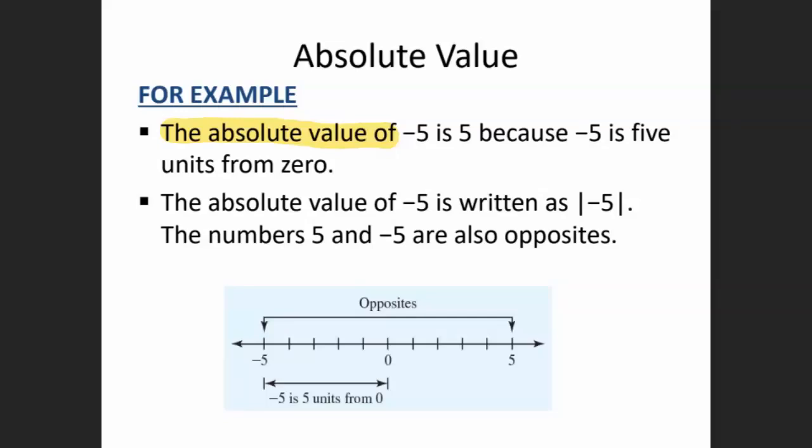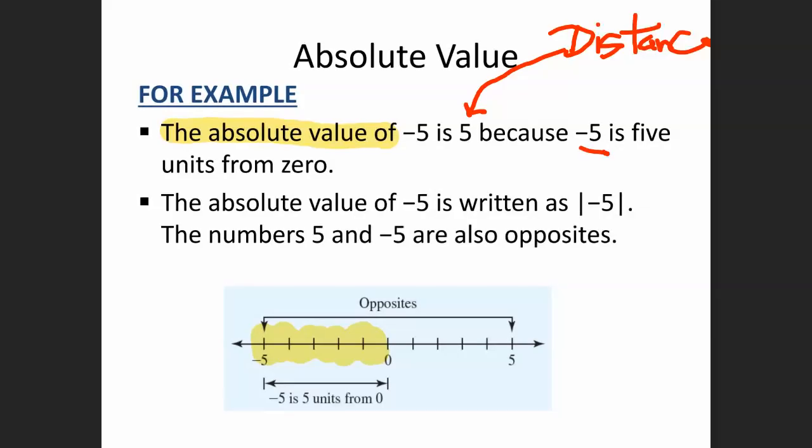The absolute value of -5 is 5. The reason is -5 is 5 units from 0. This is the distance.